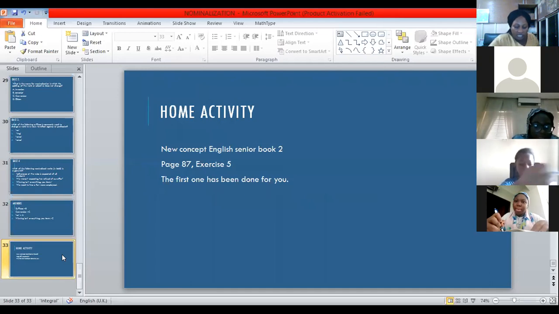Page 87, exercise 5. Provide the noun forms for the following. You find a group of words numbered 1 to 5 in a box, verb and noun. You have to provide the noun forms. It's that easy.